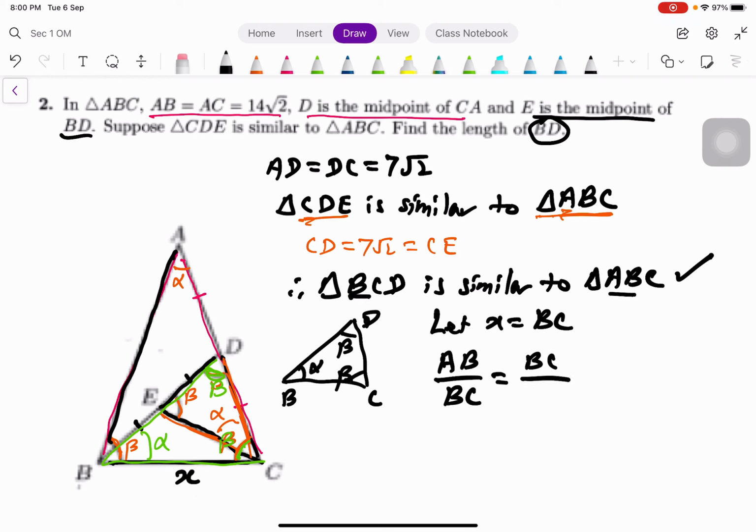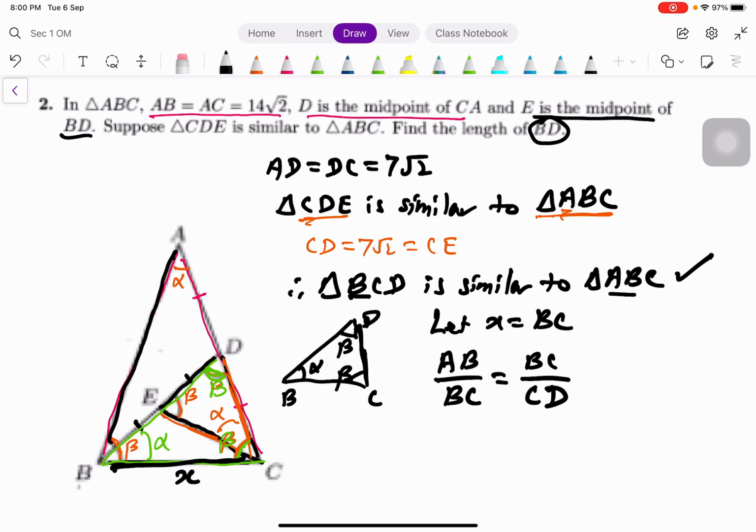This is BC, and your BC would be here, and it would be CD.